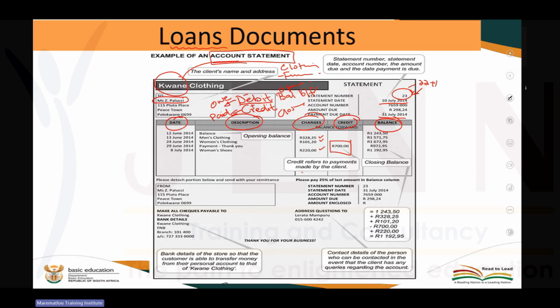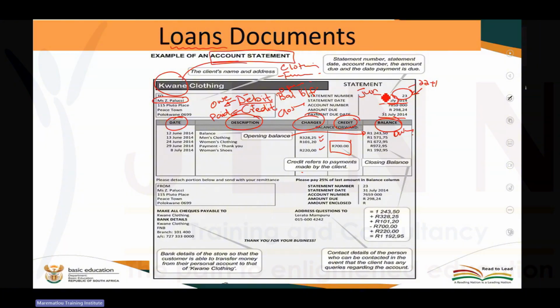You bought on a certain day, 328.25, 100 rand 20 cents, women's clothing, women's shoes 220. And here this is the balance. Yes, you are owing this amount, but let's analyze the statement. Meaning this person came with this amount from which month? From the previous month. What is the previous month?